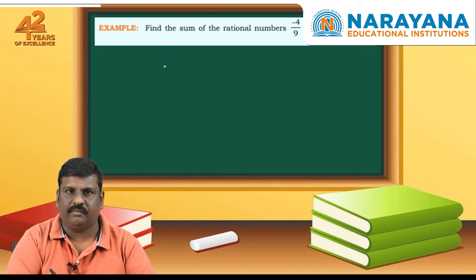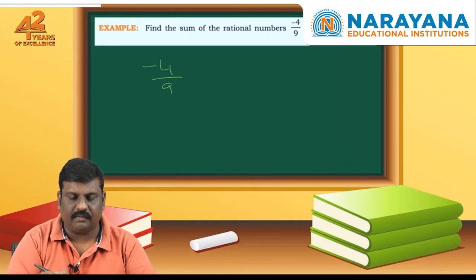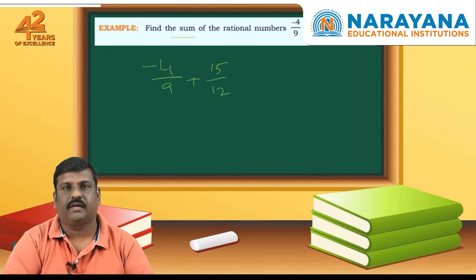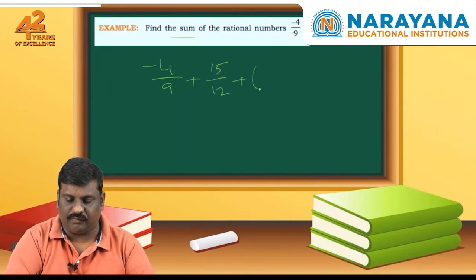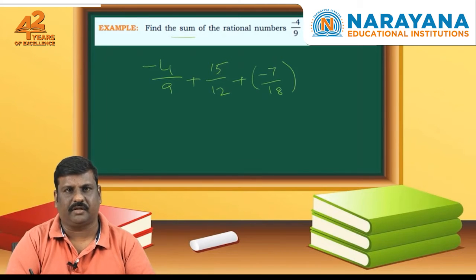Minus 4 upon 9, plus, since we are adding, 15 upon 12, and plus minus 7 by 18. These three are the given rational numbers.